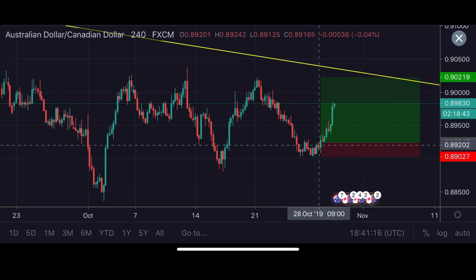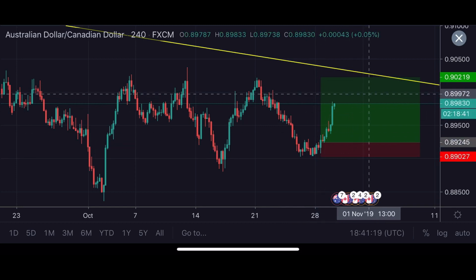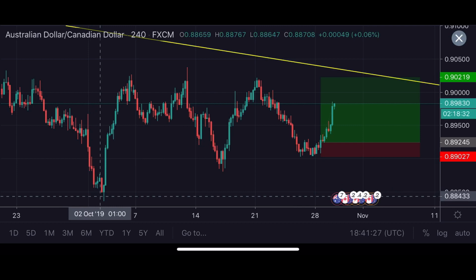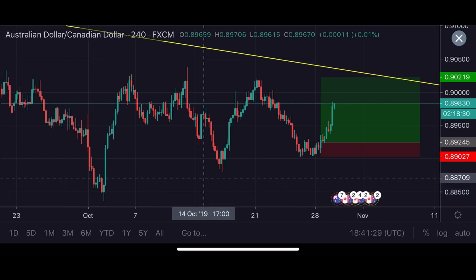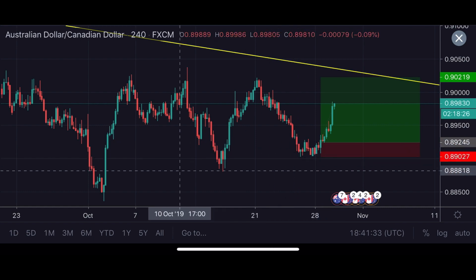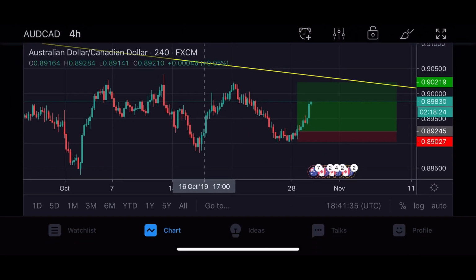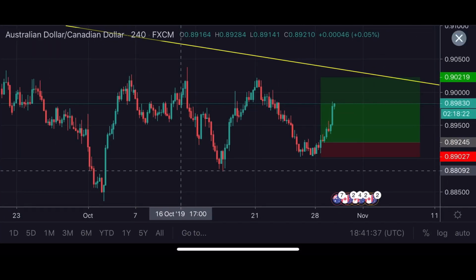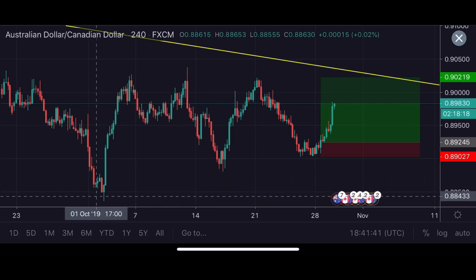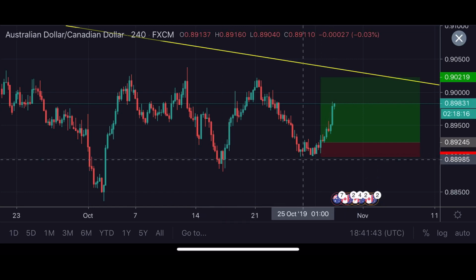And I want to show you how exactly we got into this trade, right? So you can see we have a low there, a higher low, and a higher low again. So basically what we did is we found correlation here within the first low and a higher low and a higher low.